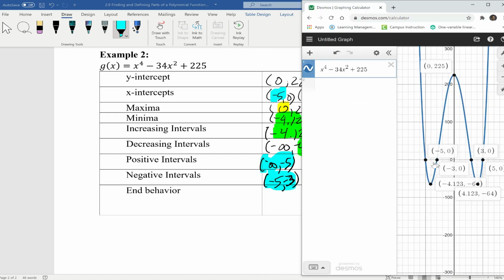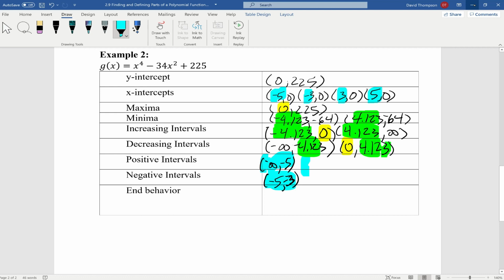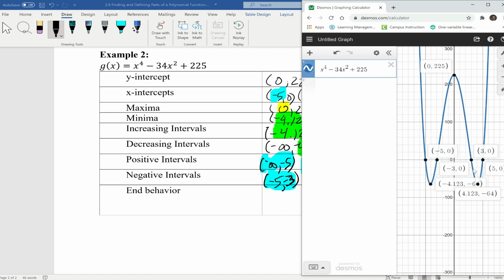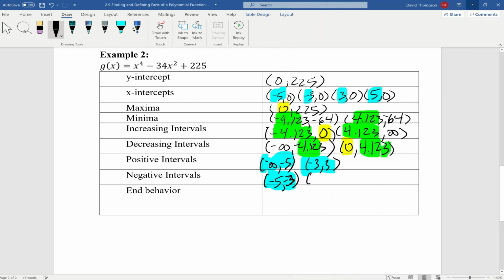Then we switch from negative to positive. So from negative 3 to positive 3, the graph's above the x-axis, so we're positive. And then from positive 3 to positive 5, we're below the x-axis, so we're negative.